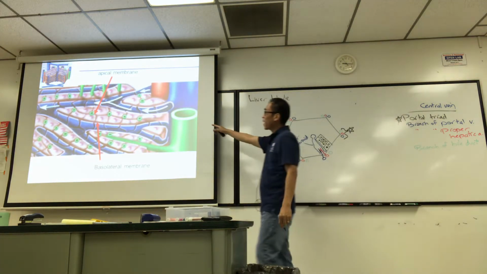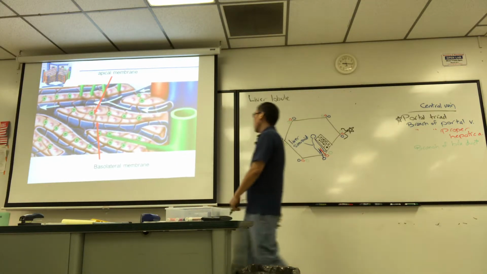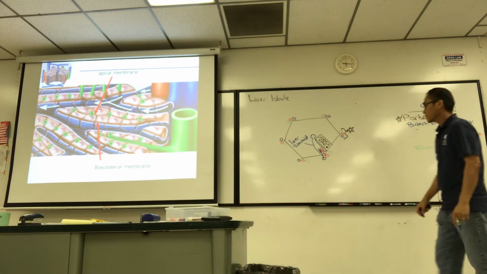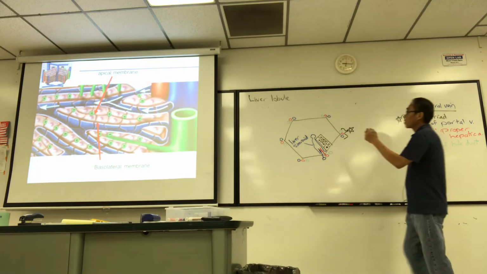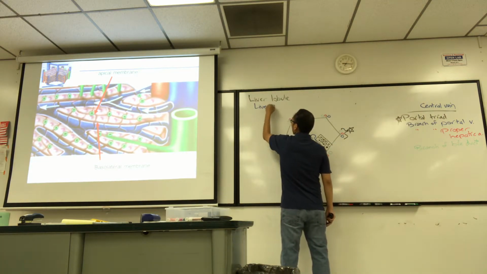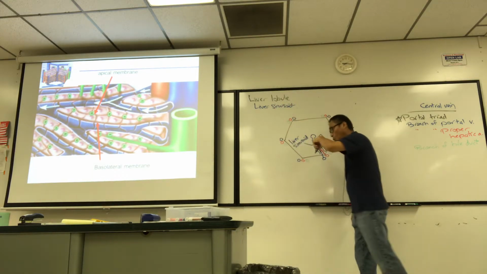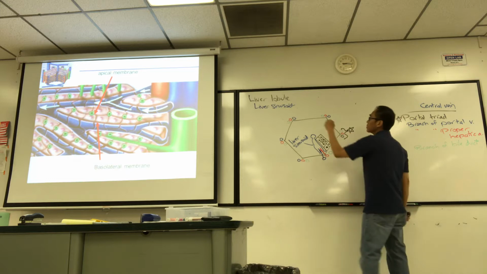So I'm just trying to illustrate that both things are draining into the sinusoid. And they do try to show that, like here and here. They kind of show it somewhere on there. But anyways, the liver sinusoid, let me write it somewhere. It's blood flow toward central vein.